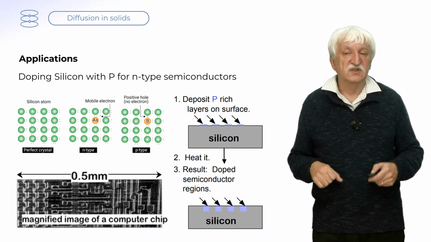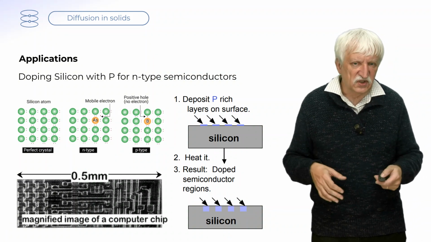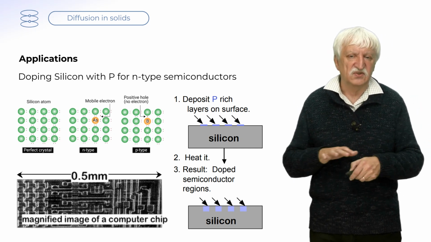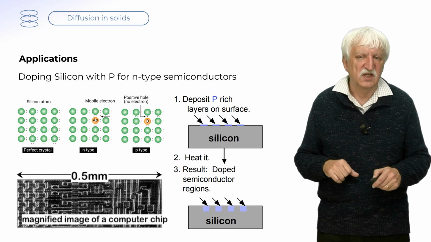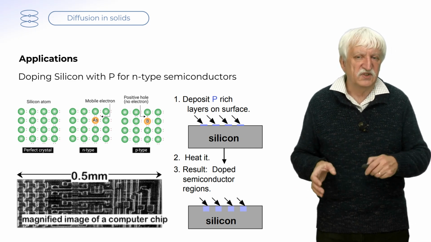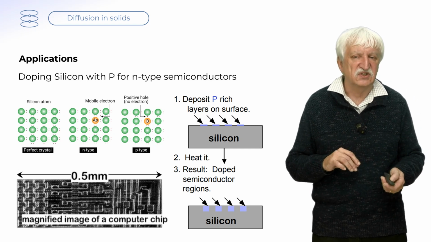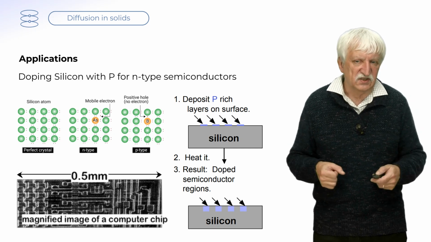The diffusion can also be used in microelectronics by depositing p-rich layers on the surface of n-type semiconductors. The difference between p and n semiconductors is just in the carriers of the current.